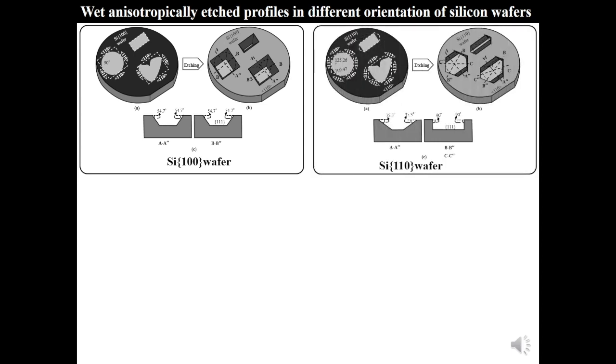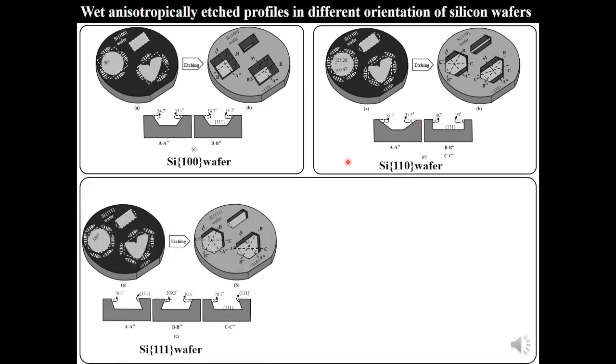If we do the etching of the same pattern on a 110 wafer, we end up with a hexagonal shape cavity which is formed by 111 vertical and slanted side walls.